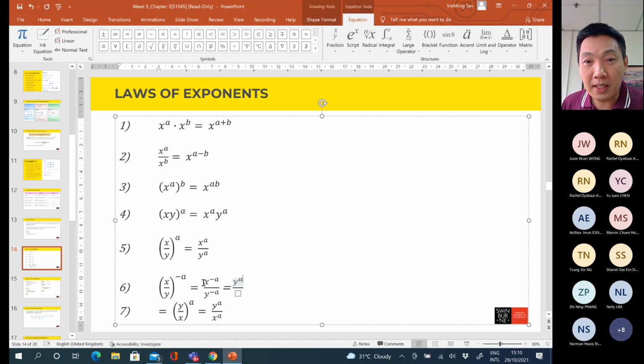How about this x power negative a? If you want to change the index number to positive a, then you have to move the x down, from numerator to denominator. So there will be x power a positive.